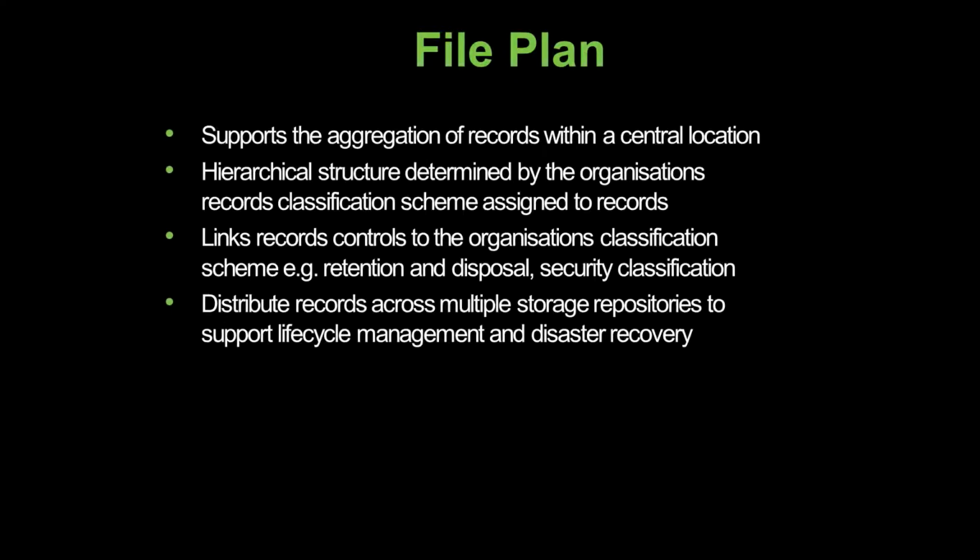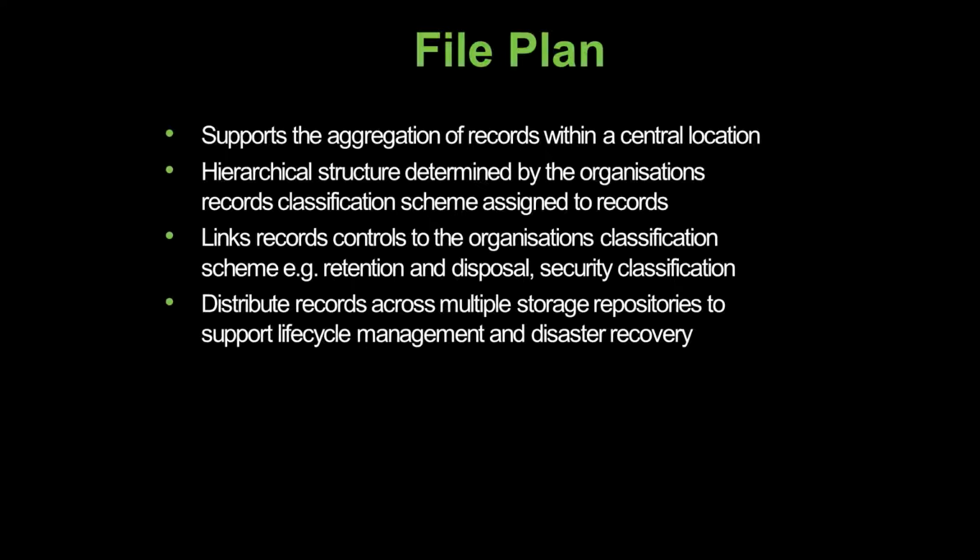The next element in our strategy is our file plan. Our file plan will support the aggregation of records within a central location. So we want to provide a hierarchical structure in which these records can be aggregated and stored.